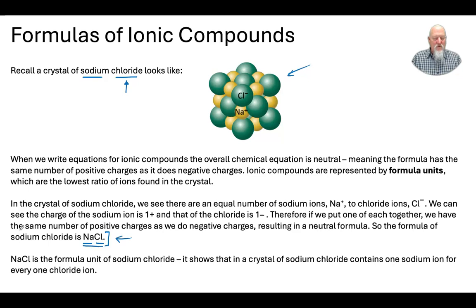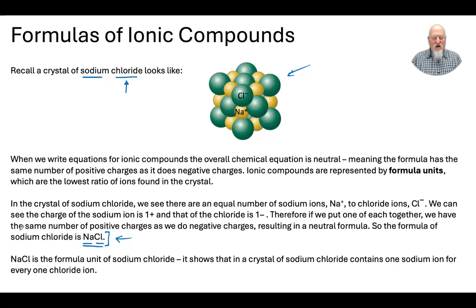Notice when we write the formula, we don't show the charges. We know it's ionic because it's made of sodium and chlorine, but when I write the formula, I don't write the charges.